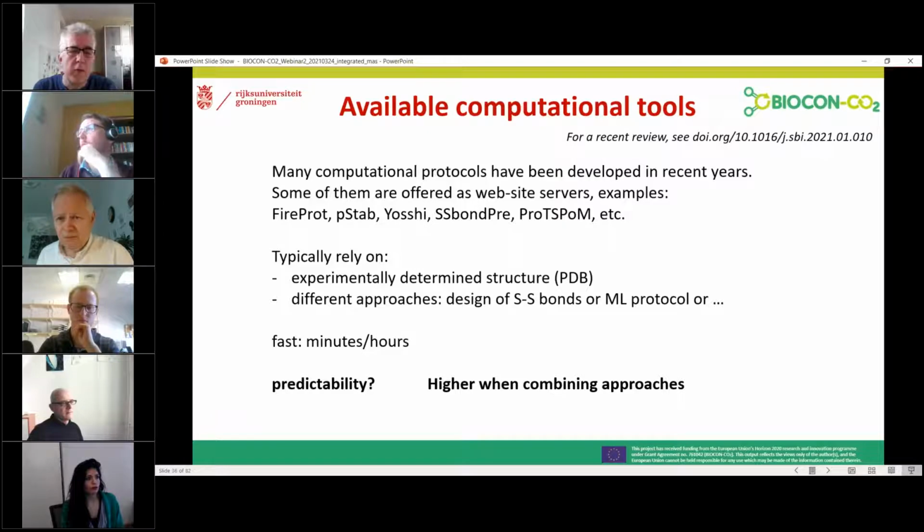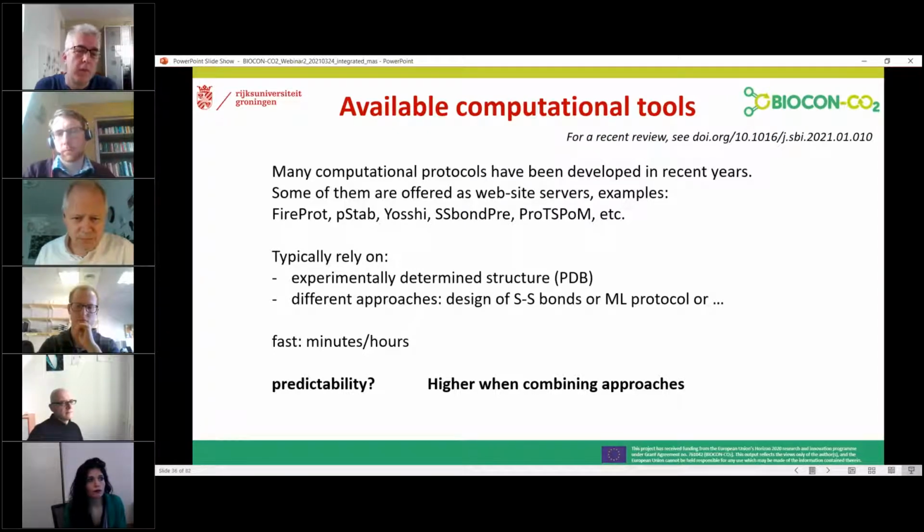I just mention a few servers here that you can consult on internet, where you only need to put in your enzyme, the name of it or the sequence of it, and these servers will generate predictions on what changes you should make in your enzyme to make it more stable.